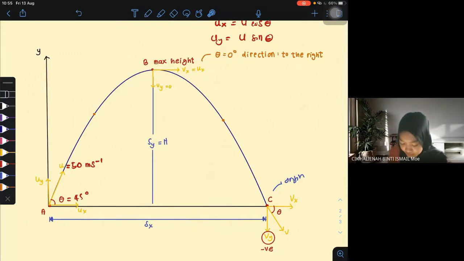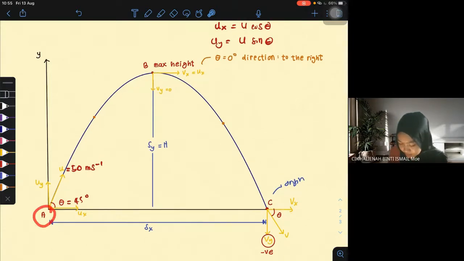Okay, so now as I explained we have A, B, and C. If for example we want to calculate the velocity at this point, for example point number 1 here. The velocity will be the same as the component here.